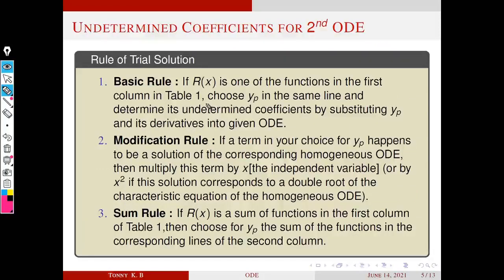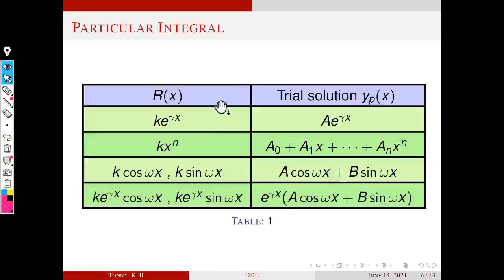In the case of second order ODE, we have seen three rules for selecting a trial solution: basic rule, modification rule, and sum rule. In the basic rule, there is a table, this is our table 1.